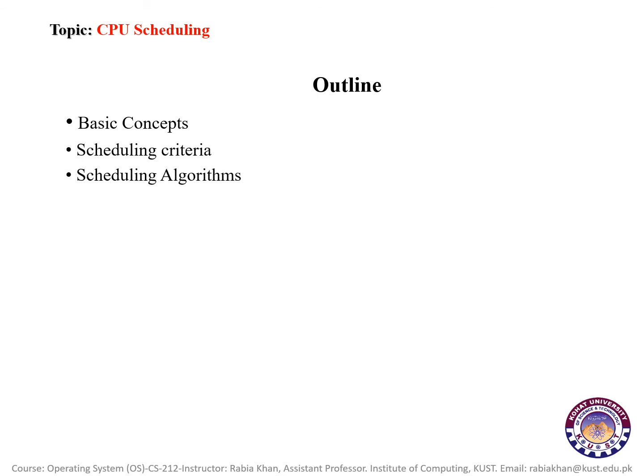We'll see some more algorithms in today's discussion. What are more CPU scheduling policies or CPU scheduling algorithms? We now need to discuss them and see which one is better than the previous one discussed.